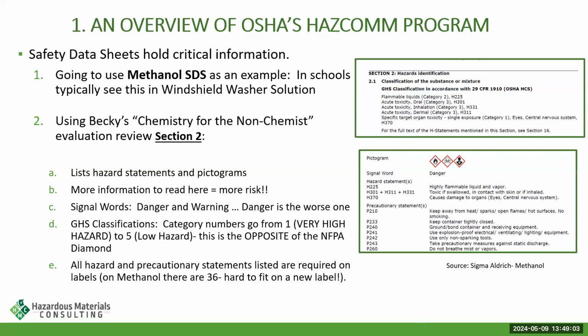Now, what I want to do on this slide is just hold up for you my quick and dirty chemistry for the non-chemist evaluation of how do I figure out how dangerous something is by looking at a safety data sheet. Typically, safety data sheets are very long. They're usually about 16 pages.